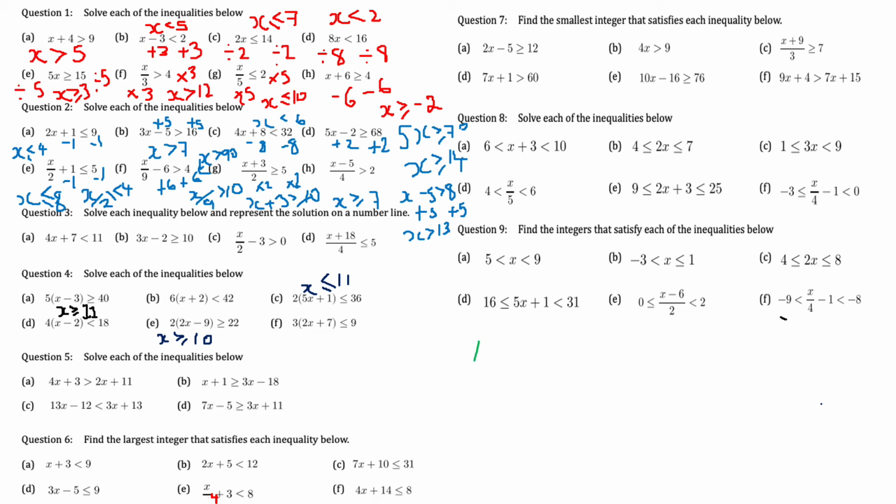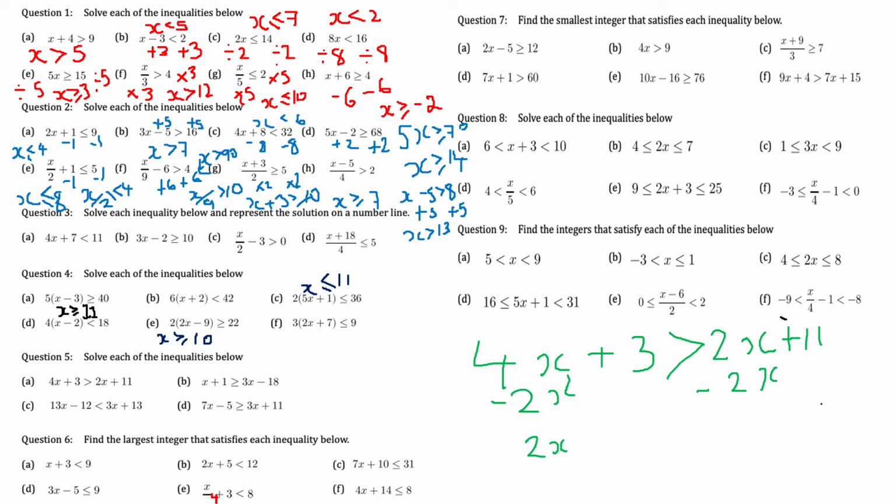So we'll look at part A, guys. 4x plus 3 is greater than 2x plus 11. So minusing 2x on both sides. So 4x minus 2x is 2x.